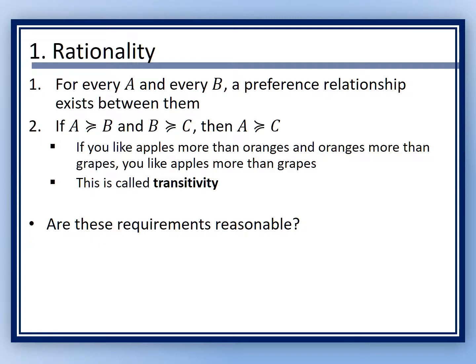Now, these are very ideal requirements. Do they make sense? First, completeness. If I really pick up two random objects, do you necessarily know which one you like? If I pick two things that you have never seen before, how do you tell me whether you like it or not?